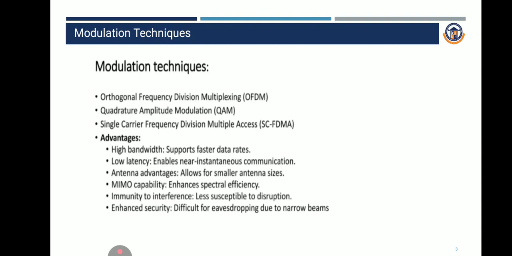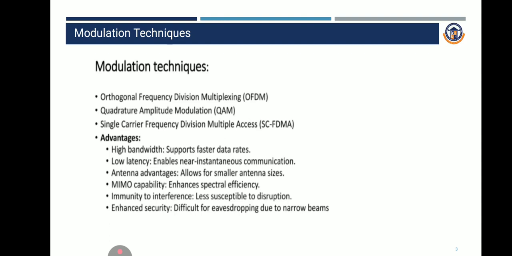multiple access, that is SC-FDMA. It has the advantage of high bandwidth, that is, it supports faster data rates and low latency, which provides near instantaneous communication, and also antenna advantages, which allow for smaller antenna sizes.